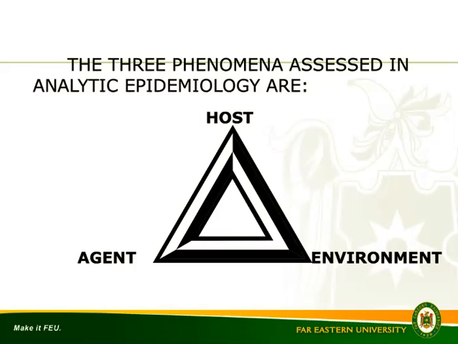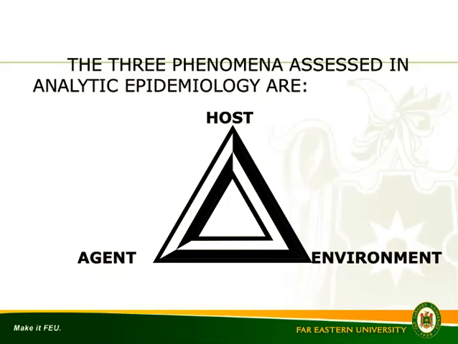So we have mentioned that in terms of analytic epidemiology, the study tries to answer how and why the disease is occurring. So analytic epidemiology is done for the purpose of determining systematically whether or not the risk of disease is different for individuals exposed or not exposed to a factor of interest.